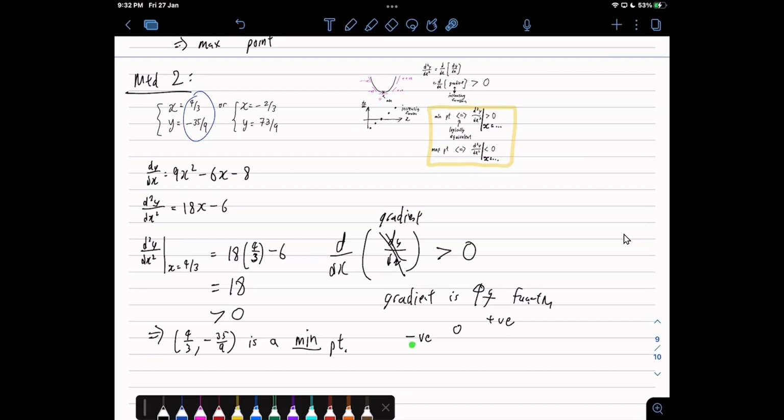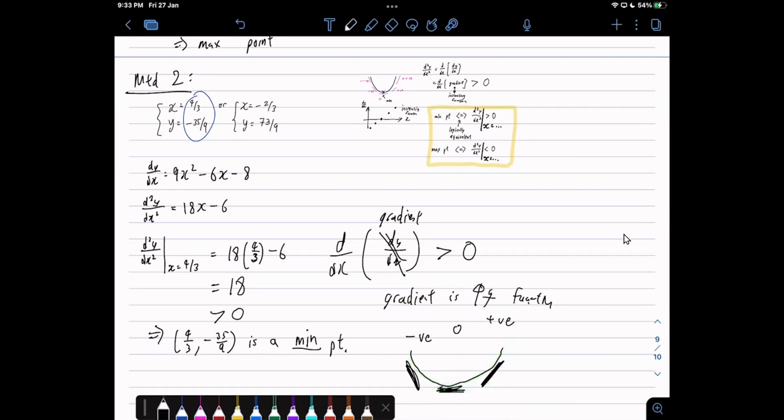I'm purposely writing it going upwards to remind you it's increasing. Gradient is increasing, but more importantly, it's the gradient of what? Gradient of a tangent at a point to the curve. Negative gradient, 0 gradient, positive gradient. What shape do you see? A happy face, right? Then what's this point here? Where the gradient dy by dx equal to 0, also known as stationary point. This is a minimum stationary point.